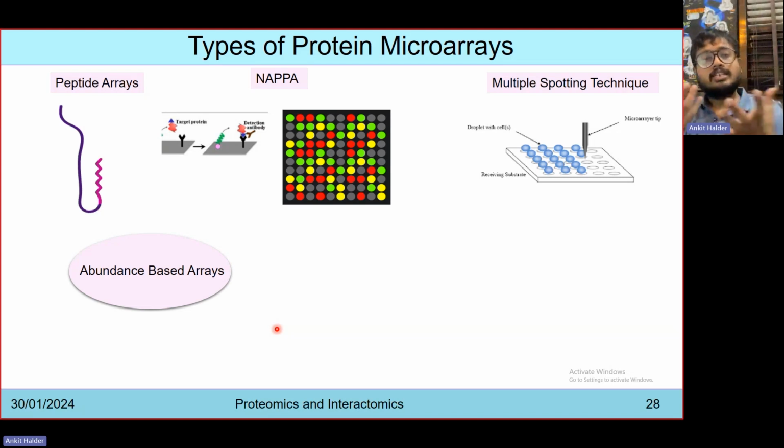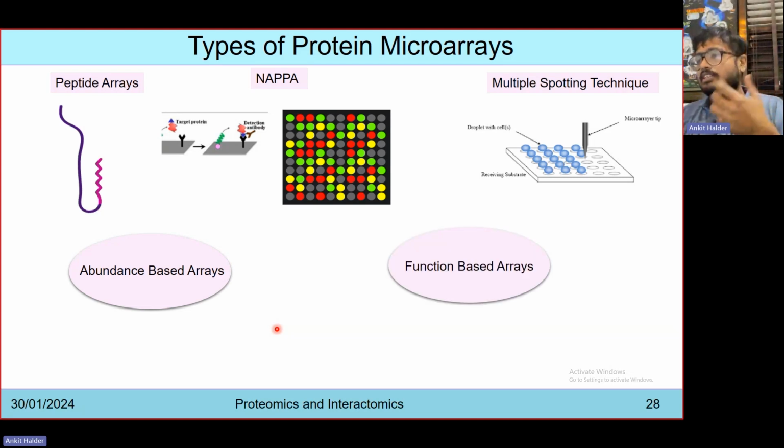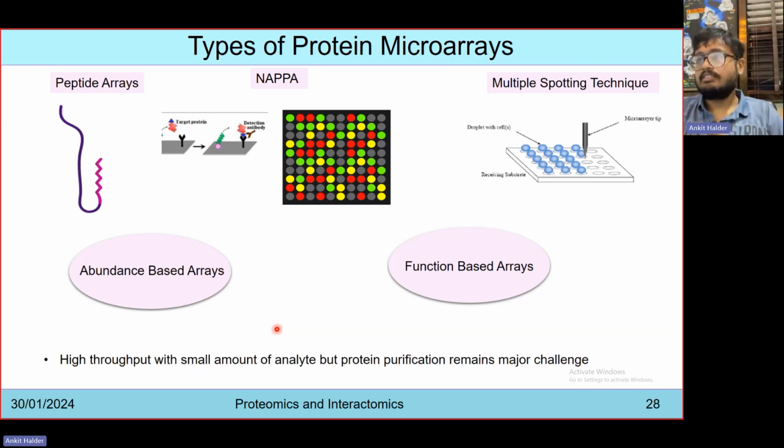So majorly this can again be divided into two parts. One is the cell-based expression systems, or any expression systems in the cell, for the microarrays that are being used, which can be talked about as abundance based arrays, whereas the cell-free systems can be mostly talked about as function based arrays.